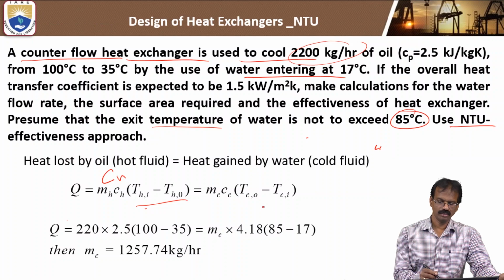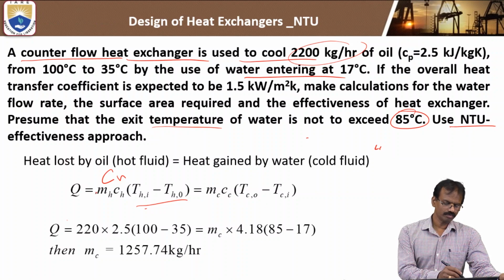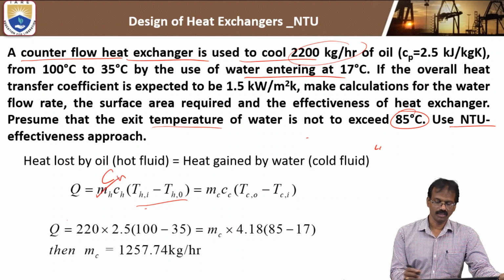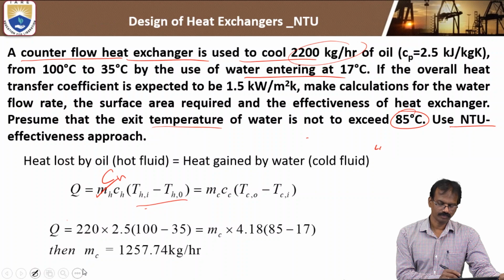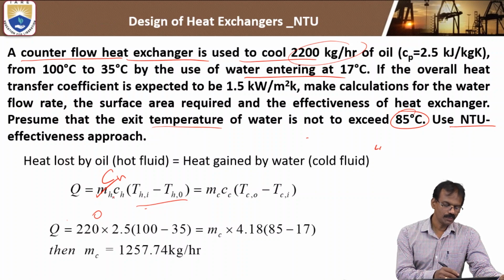Similarly, mC CC into (TC0 minus TCI). The mass flow rate of oil given is 2200 kg per hour, which should be converted into kg per second: 2200 by 60 into 60.